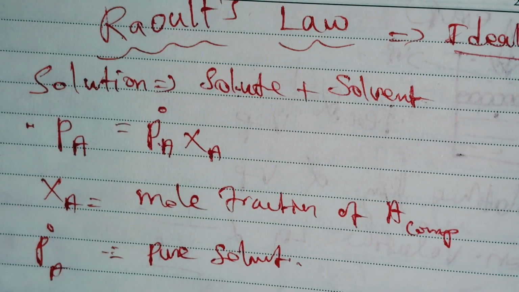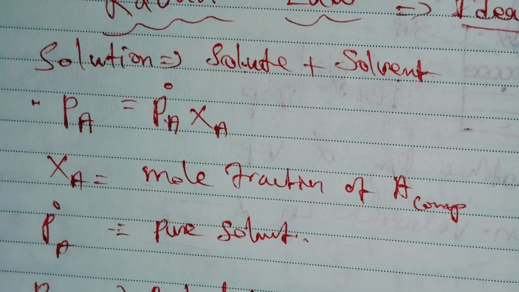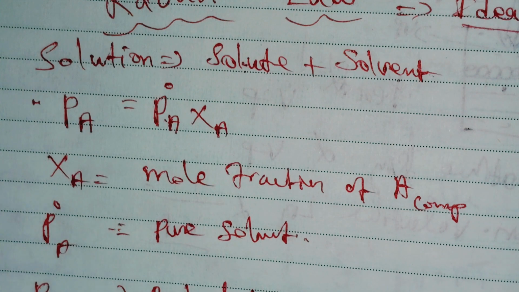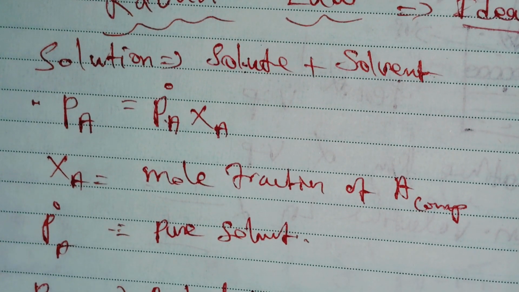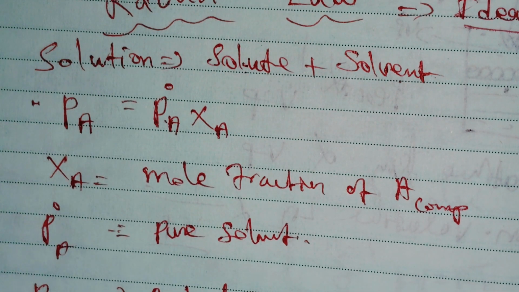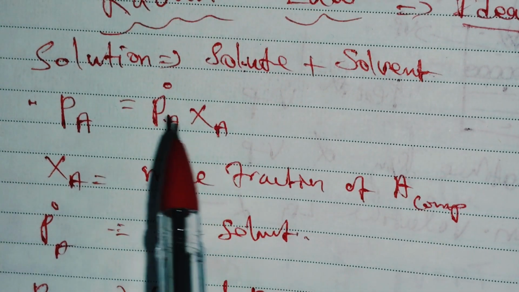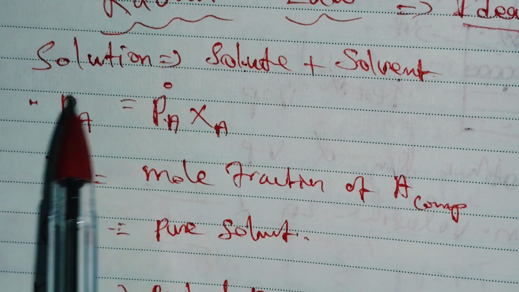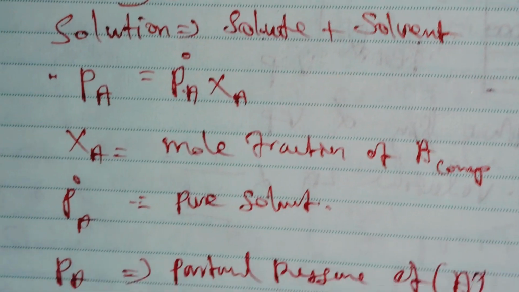That's Raoult's law. The vapor pressure of each volatile component in a solution is directly proportional to its mole fraction in the solution at a particular temperature. So the partial vapor pressure is directly proportional to its mole fraction.